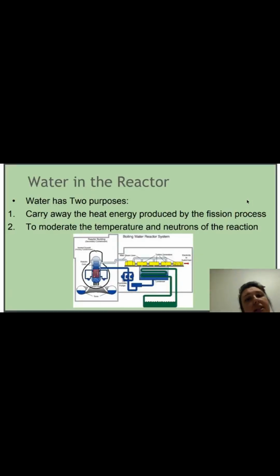In the United States, we allow two. We allow boiling water reactors and we allow pressure water reactors. So BWRs and PWRs. Both of them are what's called light water reactors. This can be confusing because they use a lot of water and the water that they use is called heavy water.